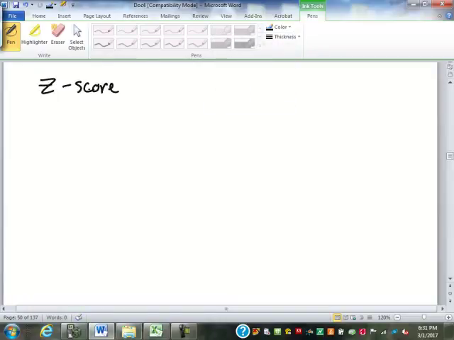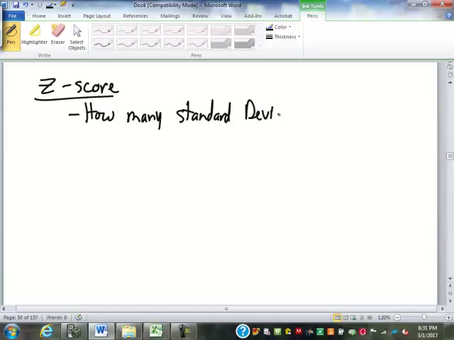And what a z-score does is tell you how many standard deviations above or below the mean a number is.